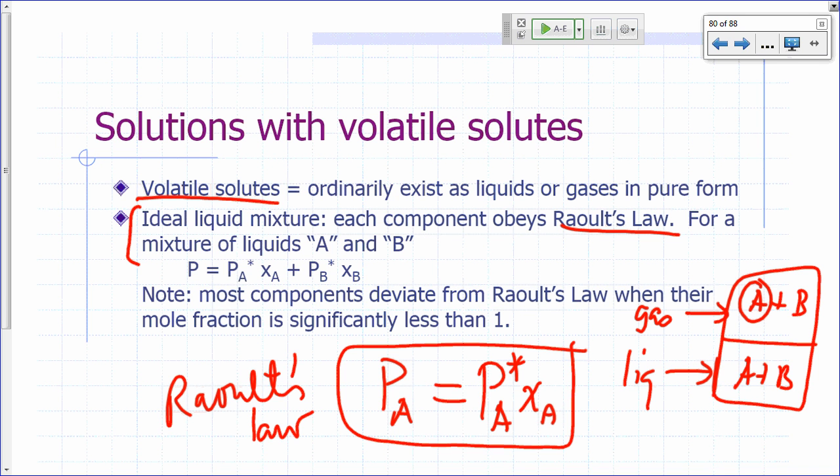Dalton's law of partial pressures says that the total pressure of your gas mixture is just the sum of the partial pressures of the components.